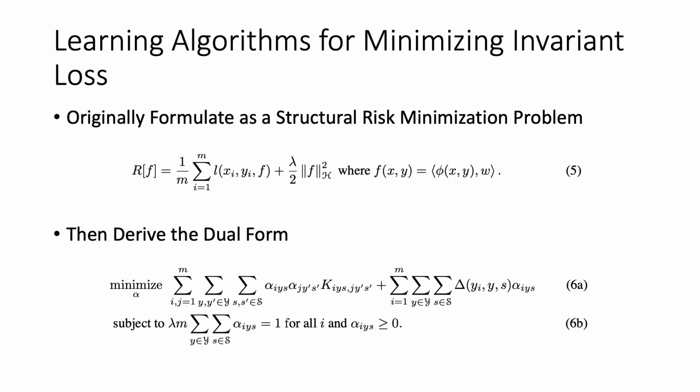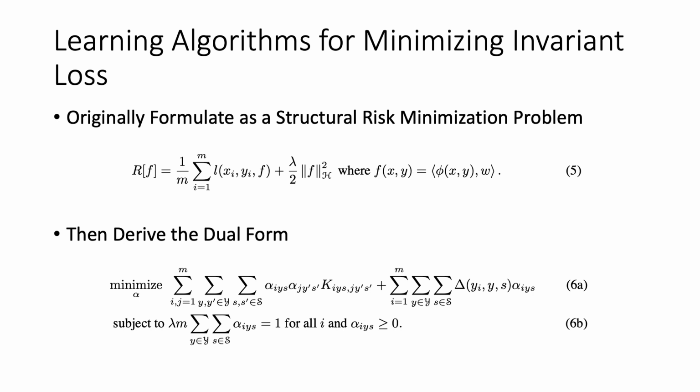So now we're going to jump into the real math. Learning algorithms for minimizing this loss. If you are in 517 and remember back to the beginning of the semester, they formulate this as a structural risk minimization problem, where their risk is the sum of all of the losses plus the regularized norm of the function in Hilbert space.